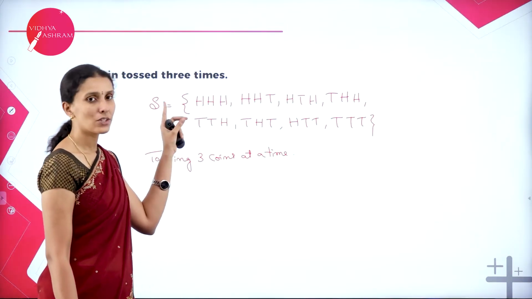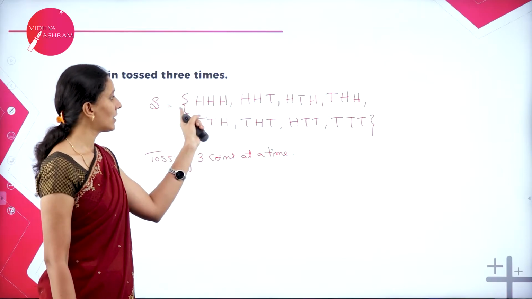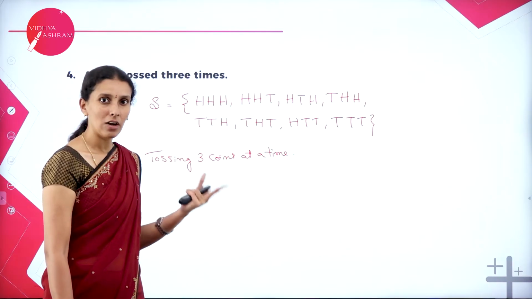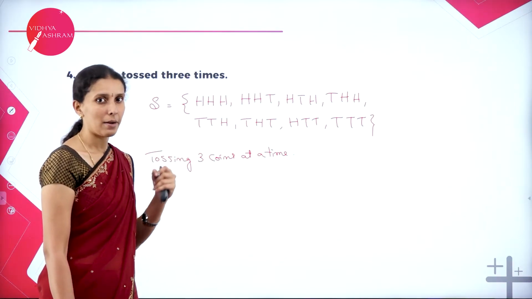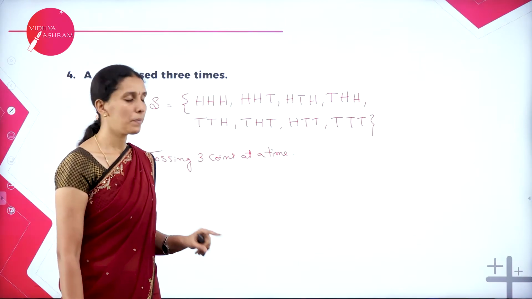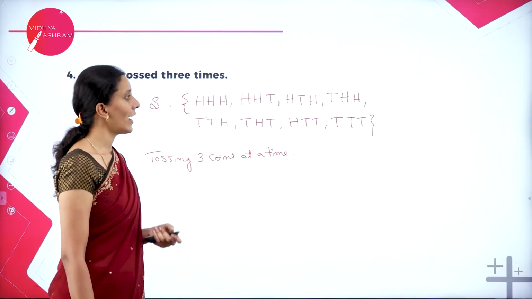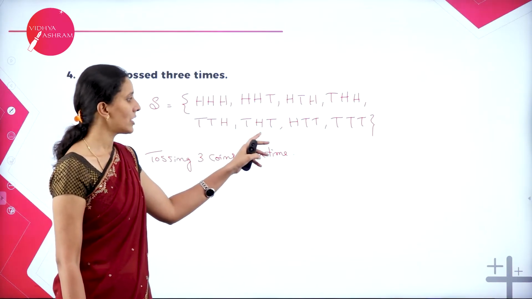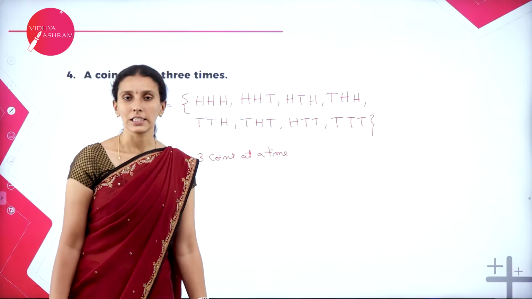So the possibility is one and the same. You can get 3 heads, or the 3 coins can get head, head, head at the same time. So for these 2 experiments, the sample space is HHH, HHT, HTH, THH, TTH, THT, HTT, TTT.